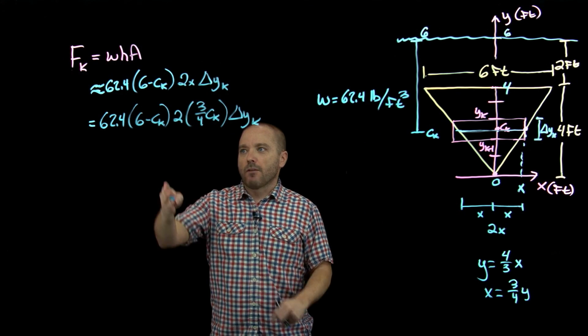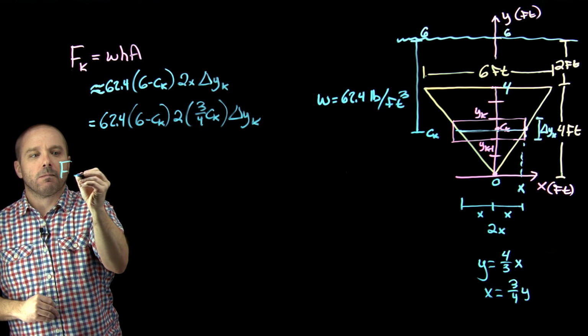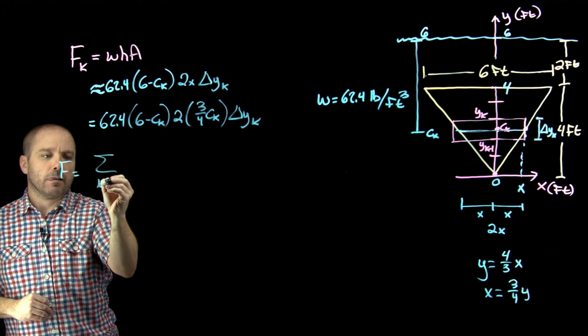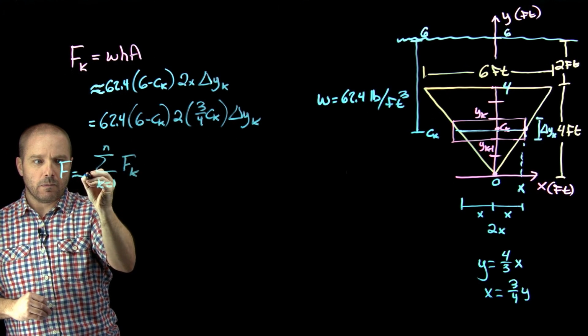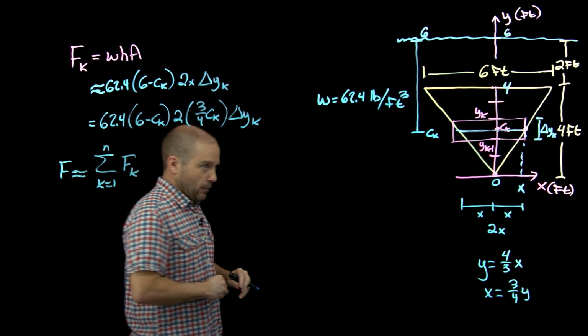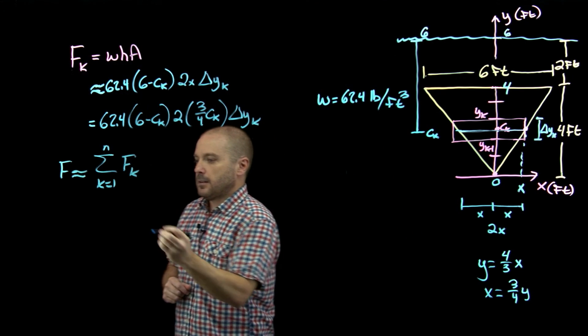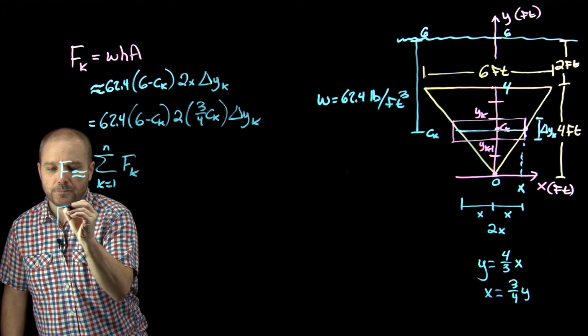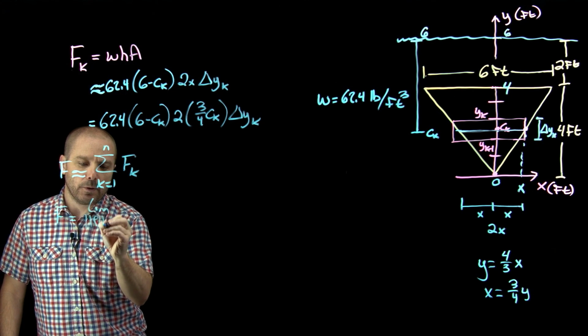Now, as we've always done, the force, well, add up all the little strips. And that would give us an approximation. We'd have a bunch of rectangles, add those all up, it becomes exact. We let the norm of the partition go to 0.